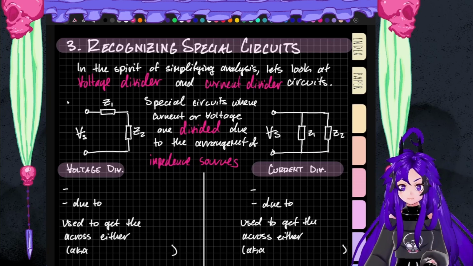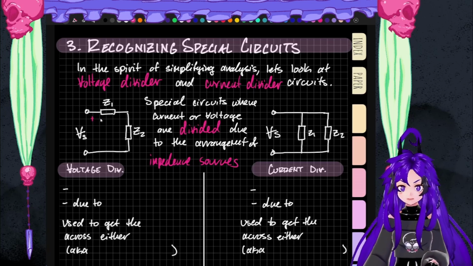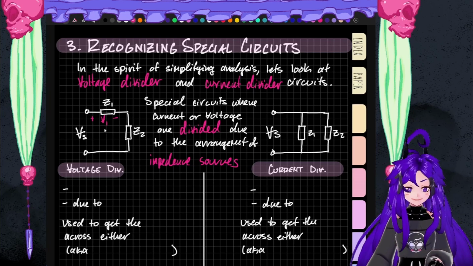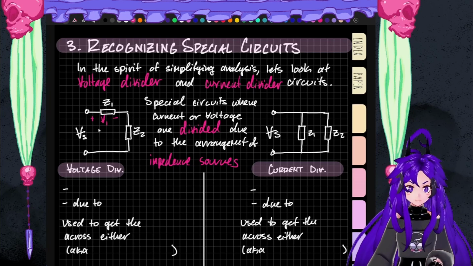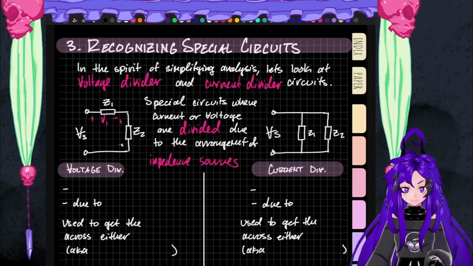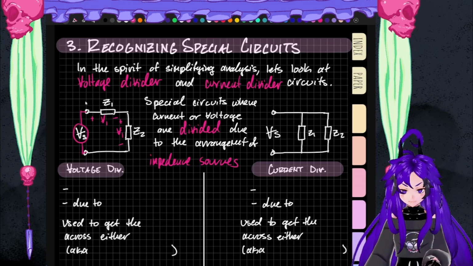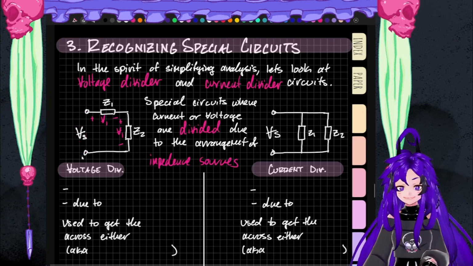So, this one we look at is voltage divider. Because of Ohm's law, we've got device voltages across Z1 and Z2, so we've got V1 and V2. You'll note that I didn't put a real source here. I'm just indicating that there is a voltage here.